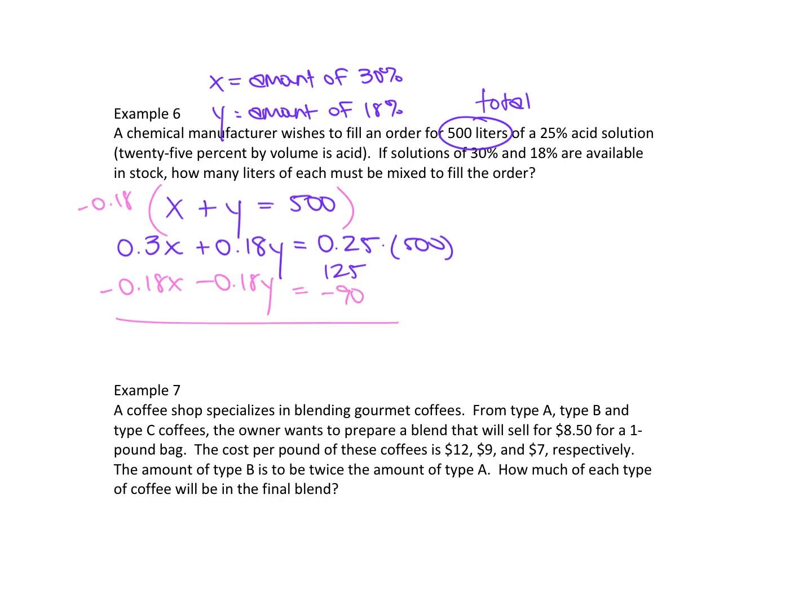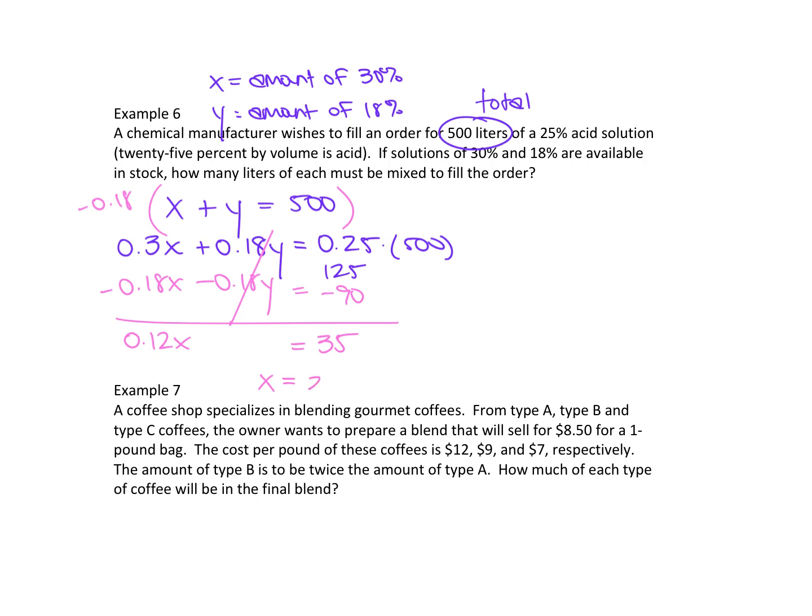So when I add down my columns, 0.3 minus 0.18 will give me 0.12x. My y's will cancel. And 125 minus 90 gives me 35. My last step to solve for x will be to divide both sides by 0.12.